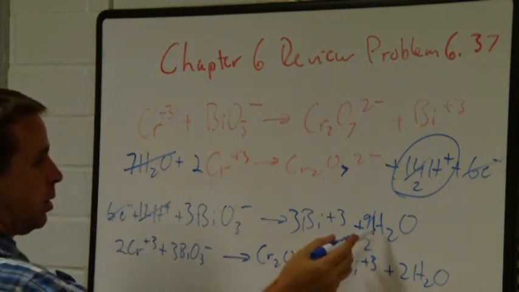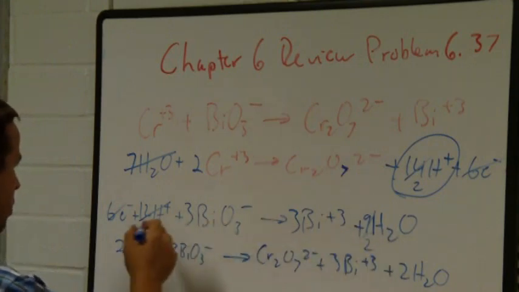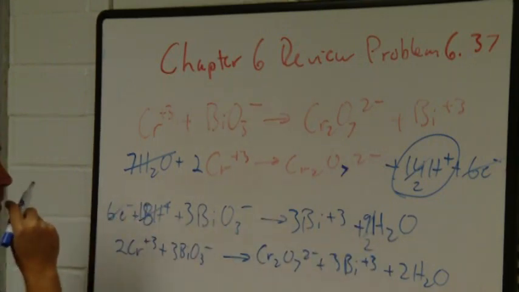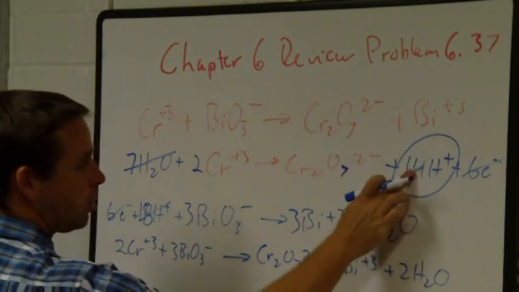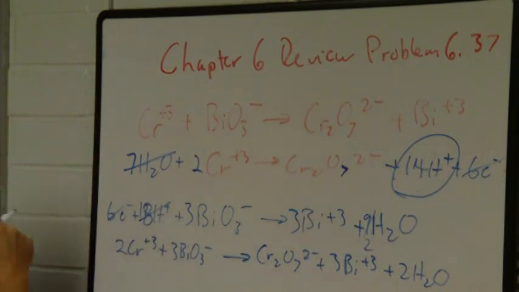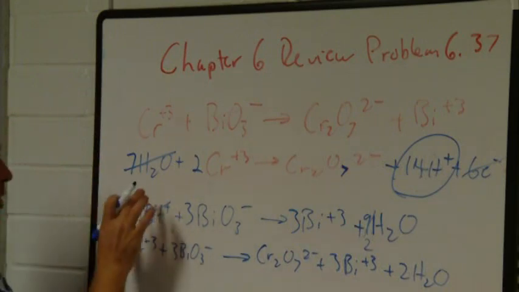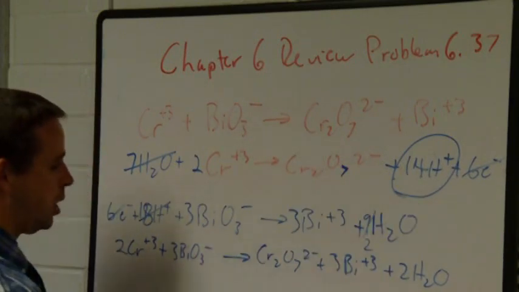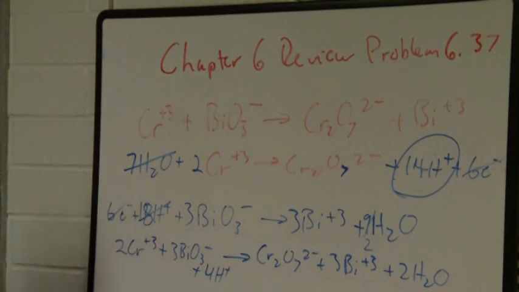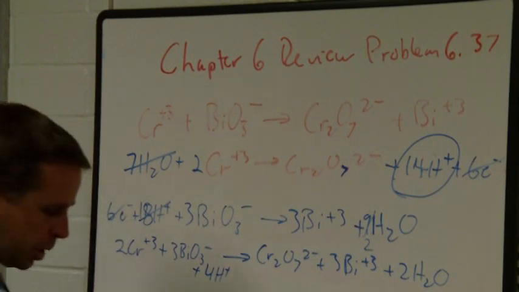That's not right. 9 times 2 is 18 here, so we needed 18 hydrogens here. And this is 14 here. So I miscalculated how many hydrogens we needed here. We actually needed 18, 14 there. So we're going to be left with 4 H pluses there. All right. Had to look in the back for that one.